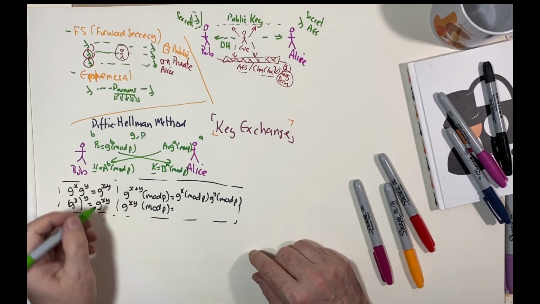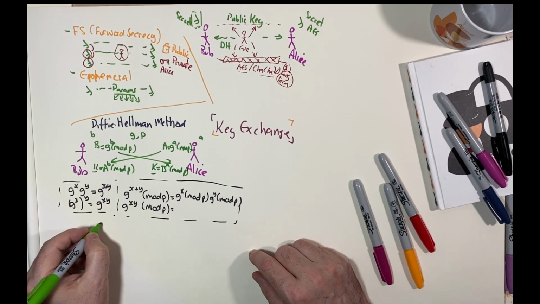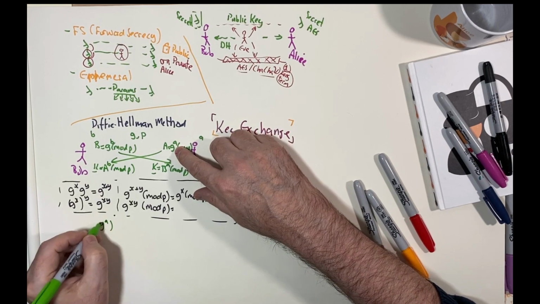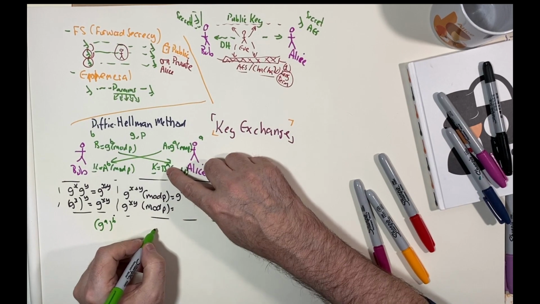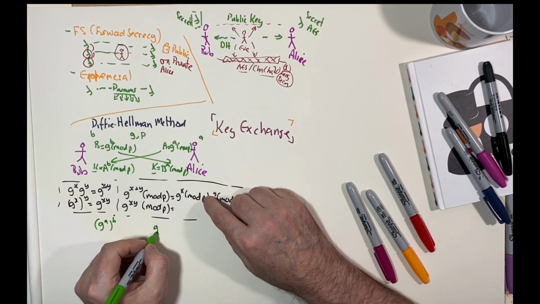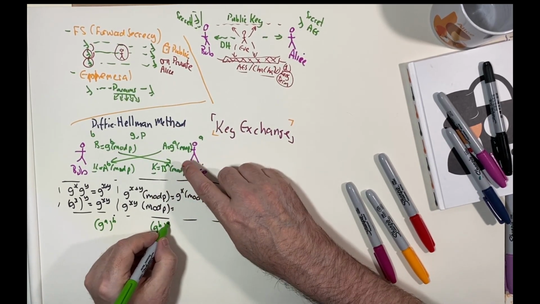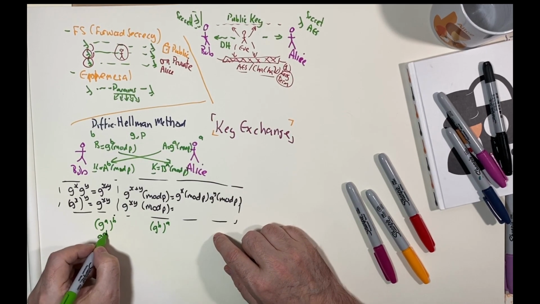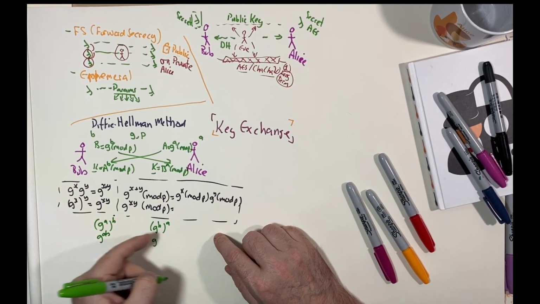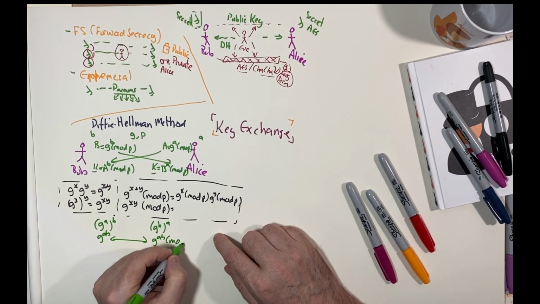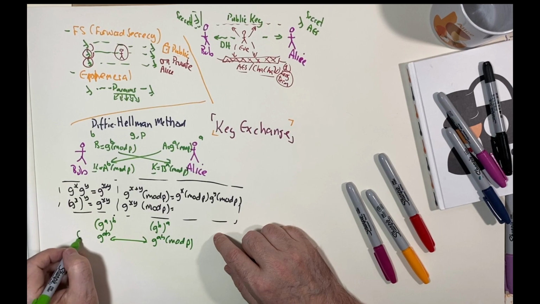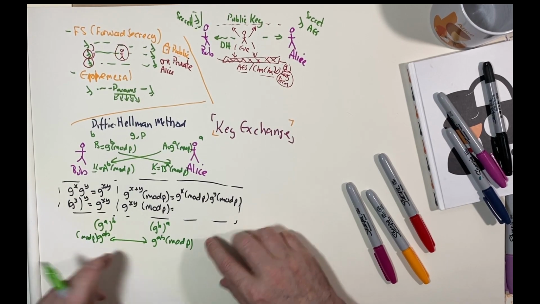And the reason for this is that G to the power of a to the power of b is actually G to the power of ab. And over here we have G to the power of b to the power of a, and that gives us G to the power of ab again, and they should be the same. When we bring in the mod P, they'll also be the same on either side.